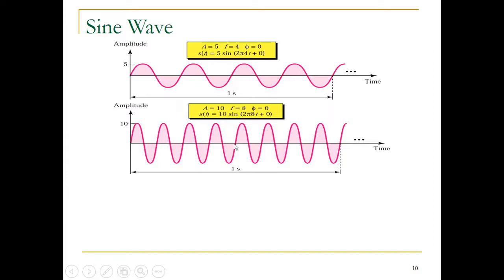So you see a key difference. You have a lot more of the frequency representation, the frequency of the wave or the signal. Okay, so just keep that in mind.